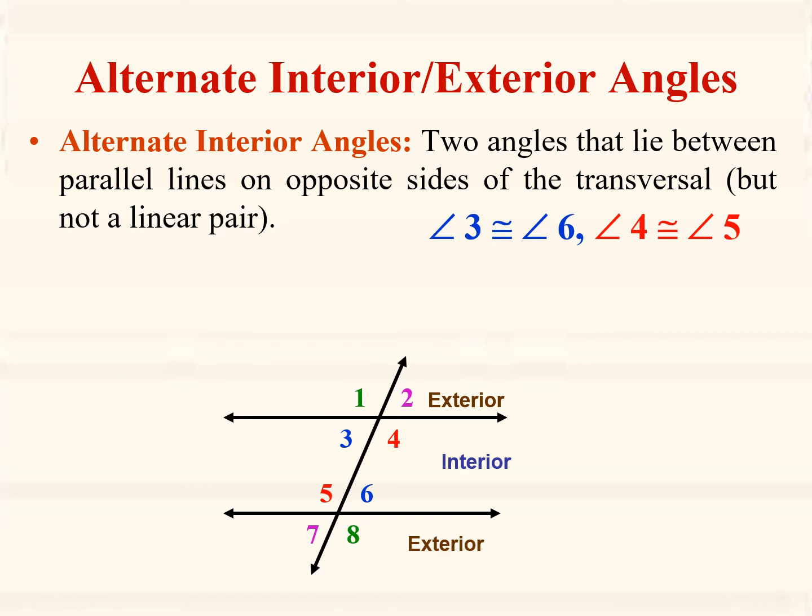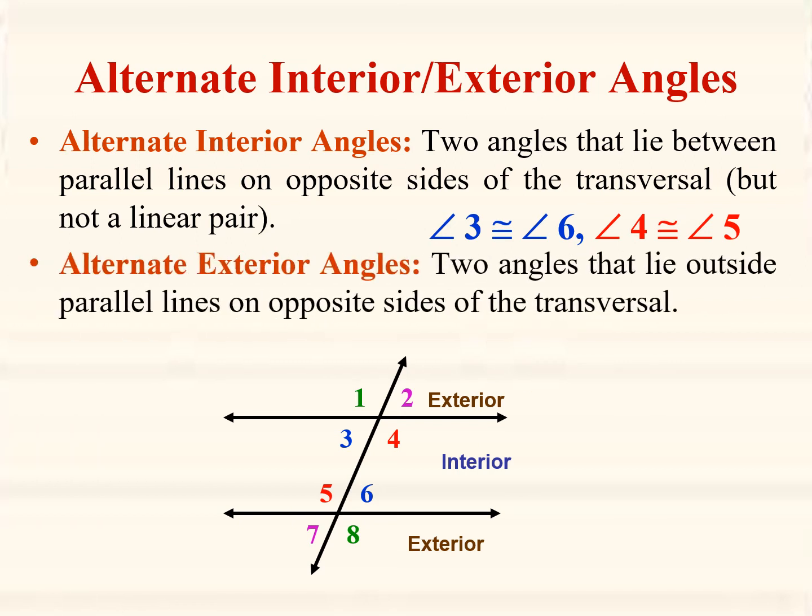So angle 3 is congruent to angle 6, angle 4 is congruent to angle 5. Now let us have the alternate exterior angles. We have angle 2 and 7, then angle 1 and 8. Therefore, angle 2 is congruent to angle 7, angle 1 is congruent to angle 8. Take note, alternate interior angles are congruent as well as alternate exterior angles are congruent.